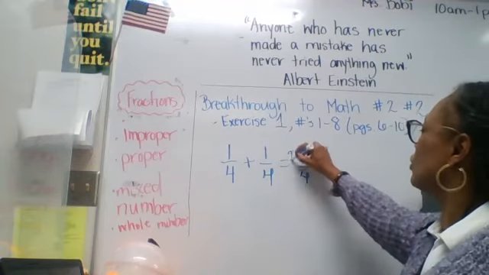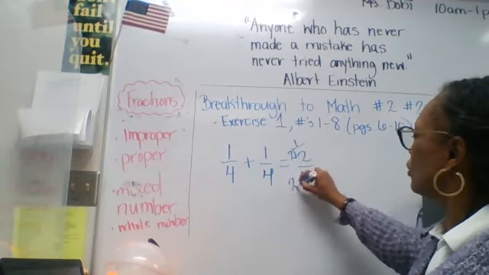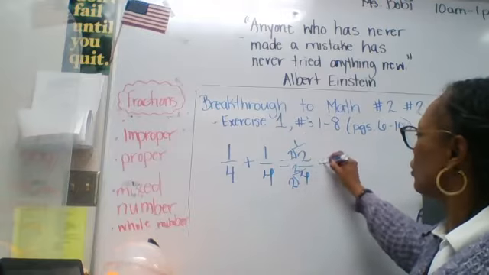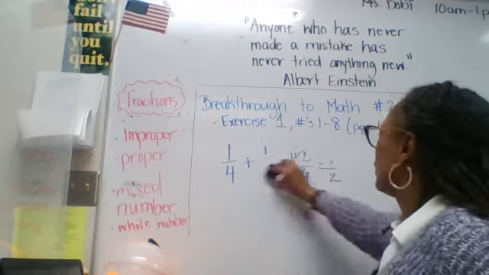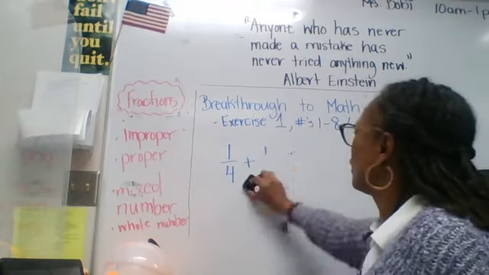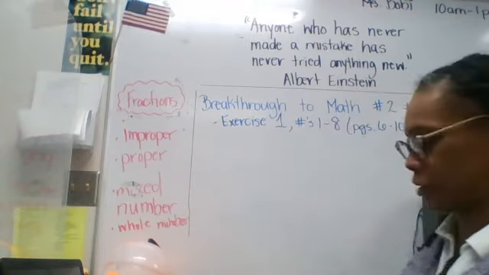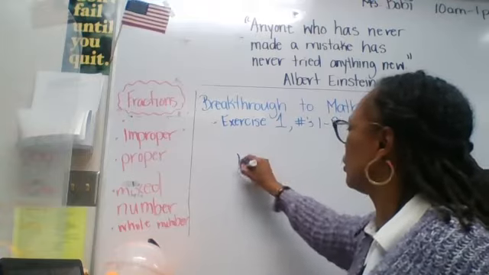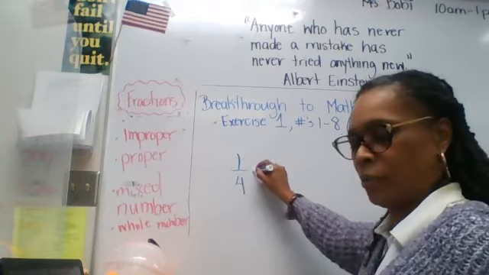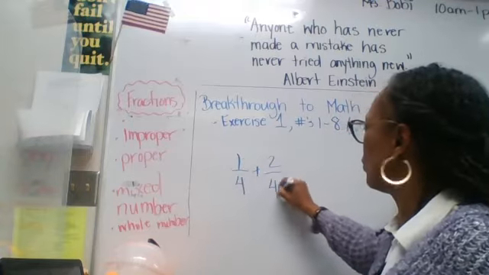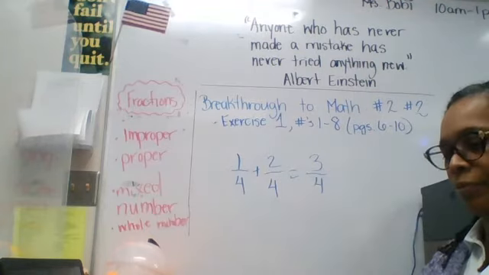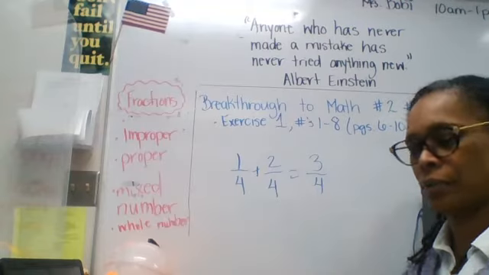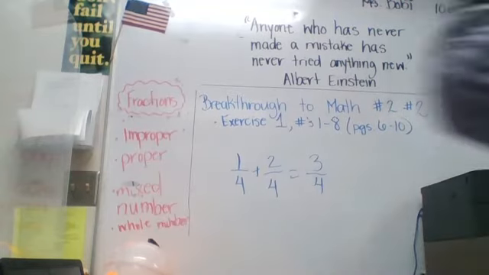Yes. 2 over 4 is 1 over 2. Great. Let's try their example. 1/4 plus 2/4 is 3/4. 3/4. I'm going to open this door while you write that down.